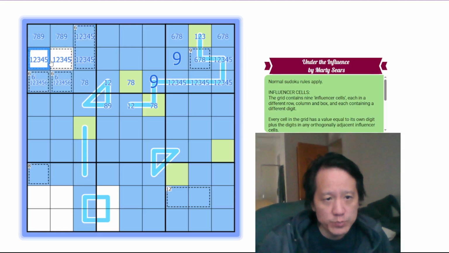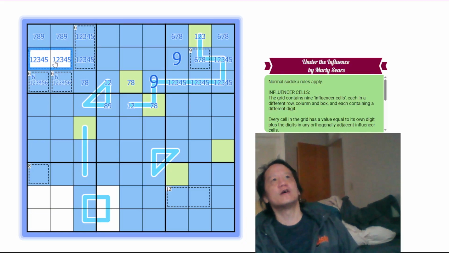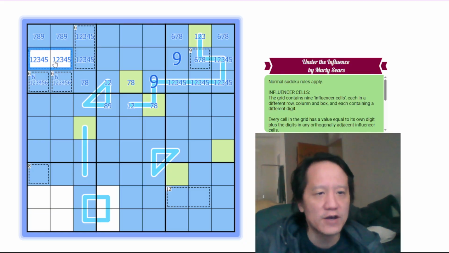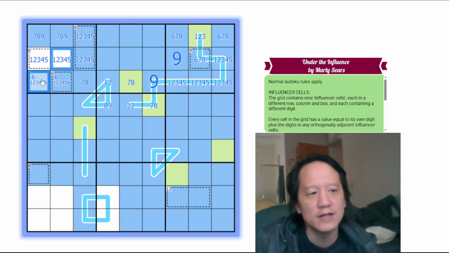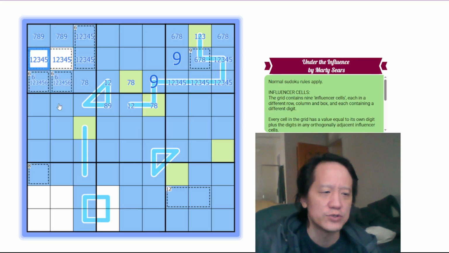With the influencer being one of these two, if an influencer is here, you're adding at least 2 times that influencer amount. If the influencer is here, you're adding at least 3 times that influencer amount. That means this can't be the influencer then.